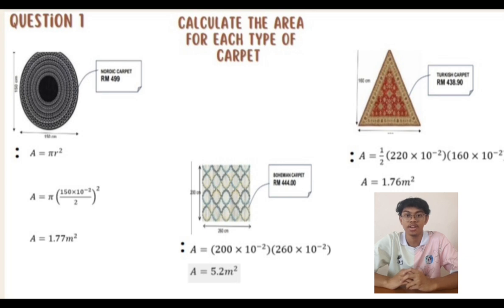Next, we also have the Bohemian carpet in square shape with an area of 5.2 square meters, and the formula is just length times width. And the last carpet that we have is the Turkish carpet in triangle shape, with an area of 1.76 square meters, and the formula is 1/2 times length times width.